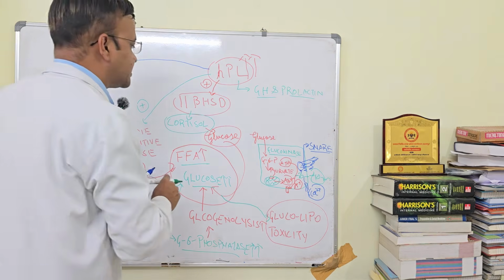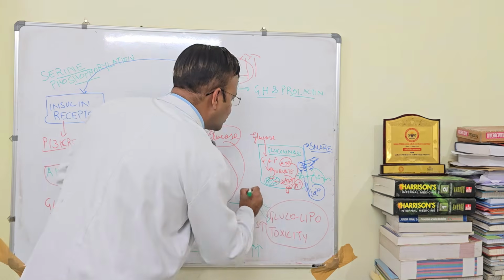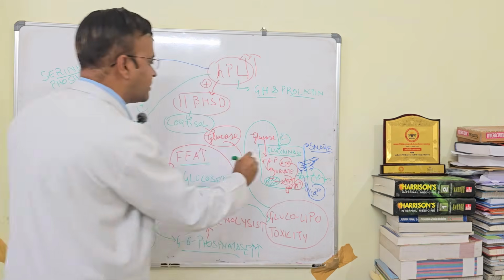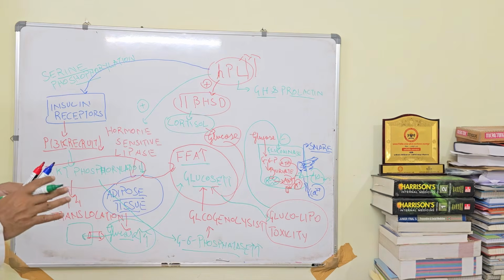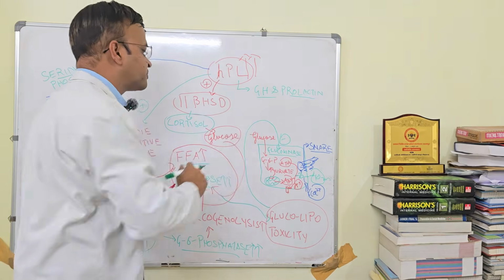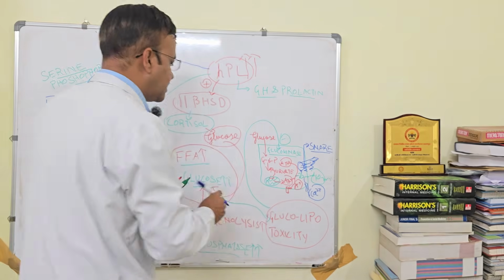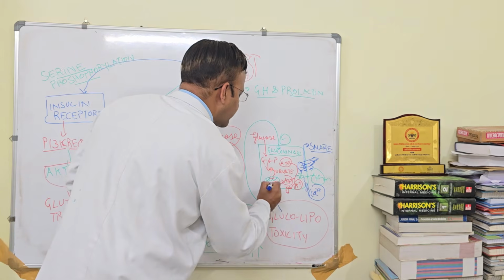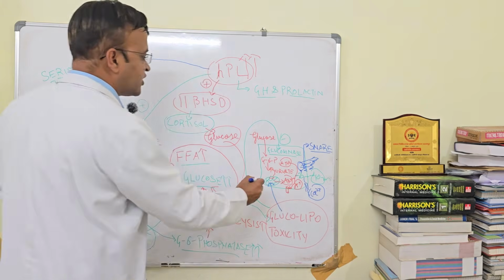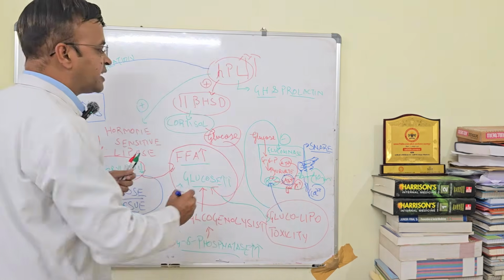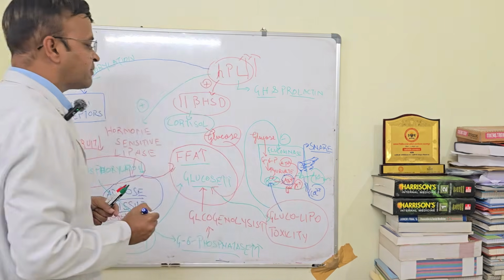This glucolipotoxicity will reduce the level of glucokinase, right? It's going to inhibit the glucokinase, so this process won't proceed. This glucolipotoxicity will also lead to mitochondrial dysfunction. If mitochondria is dysfunctioning, of course, the ATP won't be produced. If ATP is not produced, it won't bind to potassium ion channels.